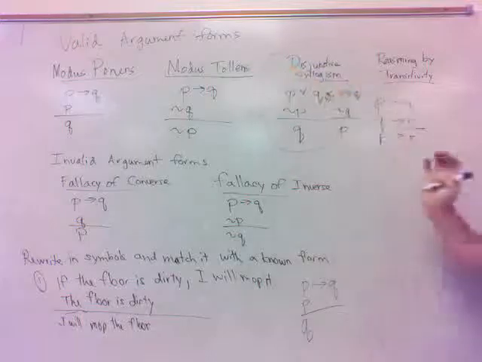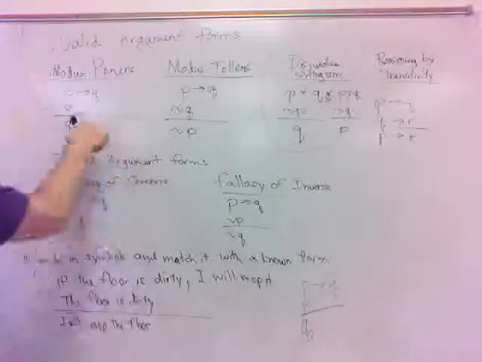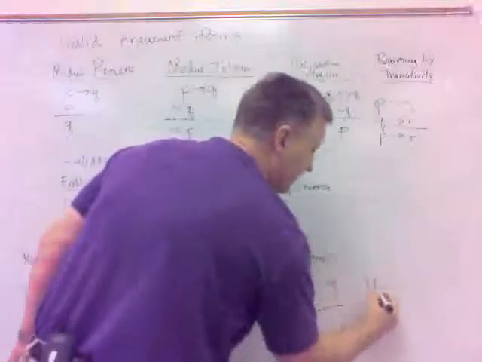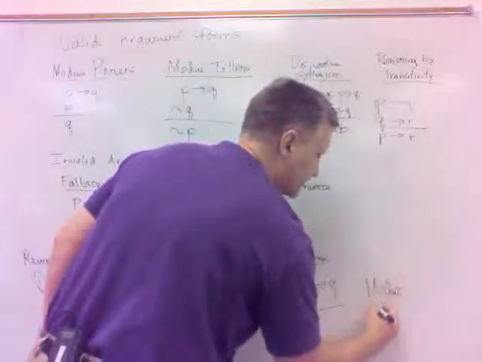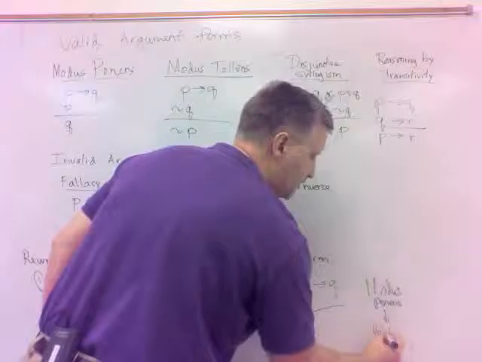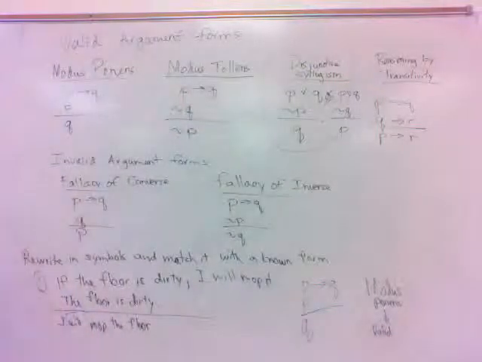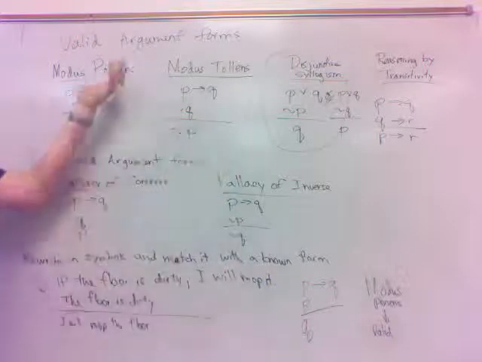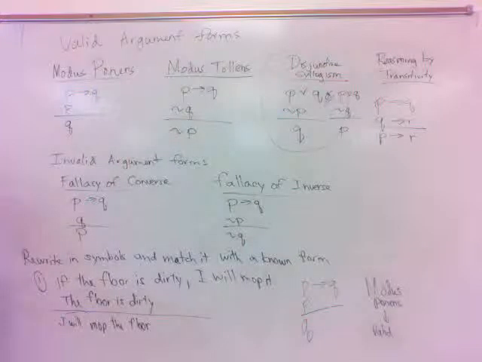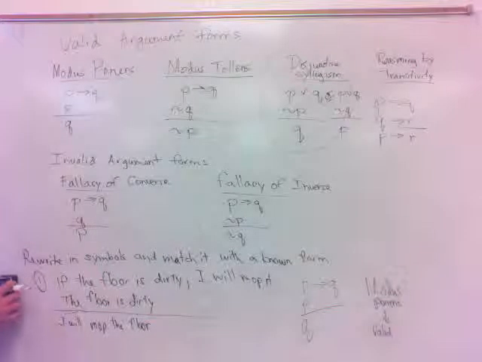It's modus ponens, isn't it? So is it valid? Yes, it is. Instead of having to go through the whole truth table, if I can just match it up with something up here, I'm good to go, because those have already been proven. You don't have to go back and prove them. So that's the basic idea.